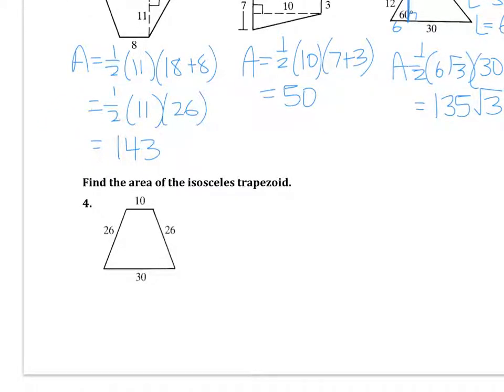And then find the area of the isosceles trapezoid. So this is what you can do. It's isosceles. I can pull these two pieces down here. And then this piece, let me highlight it.